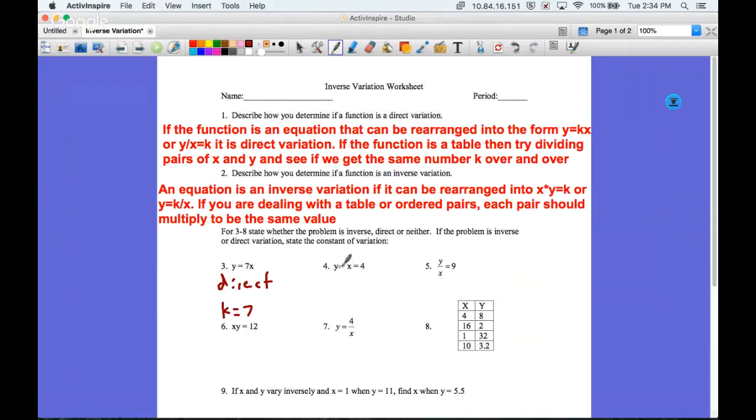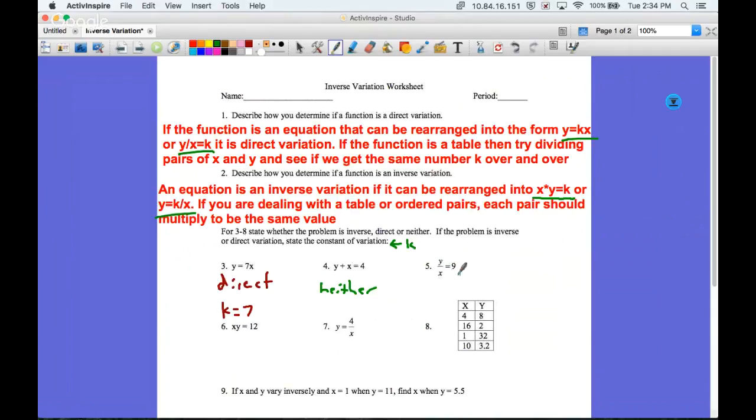Number 4, we don't see addition in any of these forms, and no matter what we do, we could subtract x from both sides, we could subtract y from both sides, we'll never be able to get it into one of these forms that we've got up above, so this is just going to be neither. There's our forms. There, and there. So this is neither, therefore it doesn't have a constant of variation, or k.